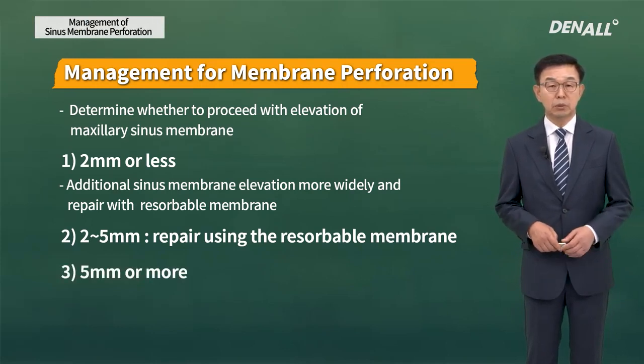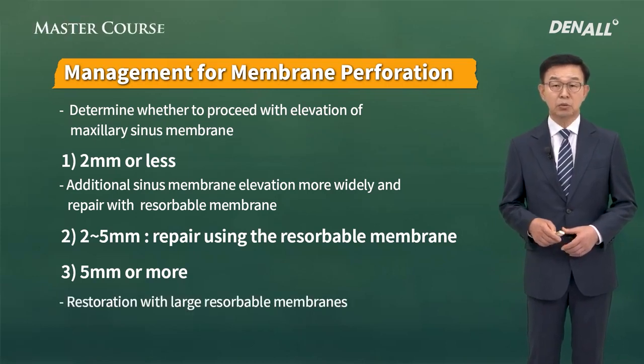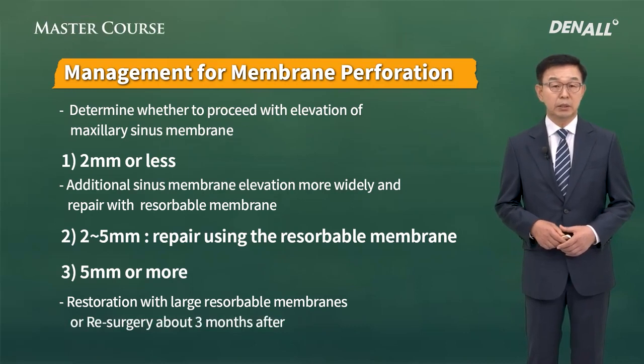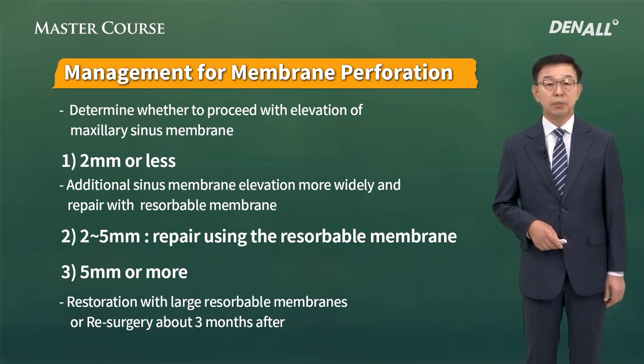If it is over 5 mm, if you have a lot of experience, you can use resorbable membrane and repair and proceed. However, if you're less confident, you'd close out and wait up to 3 months for the sinus membrane to heal completely before making the attempt once again.